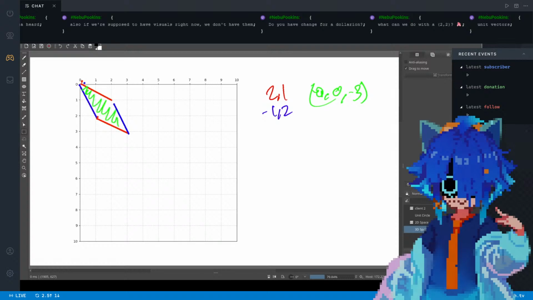So this has an area of 3. Get rid of that little line that looks like a minus in there. And get rid of this one too while we're at it.